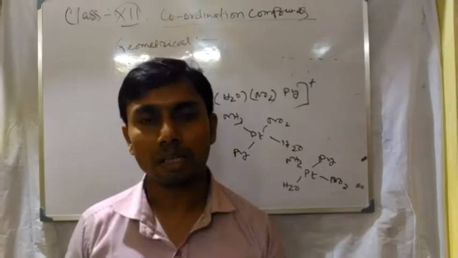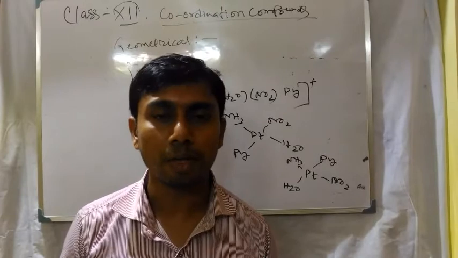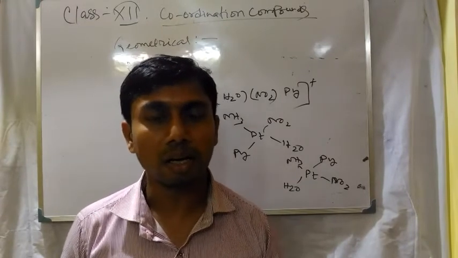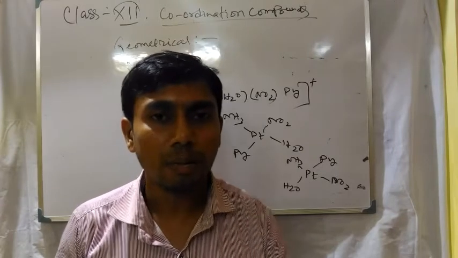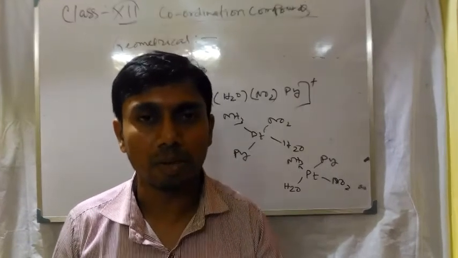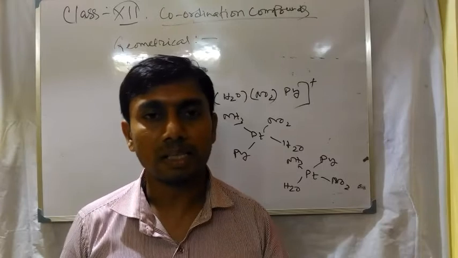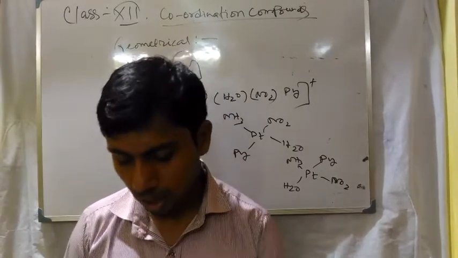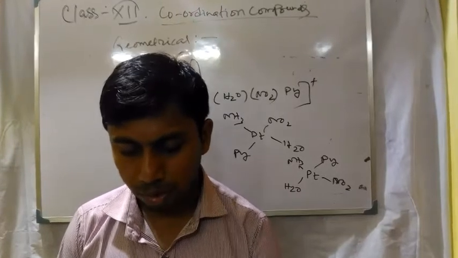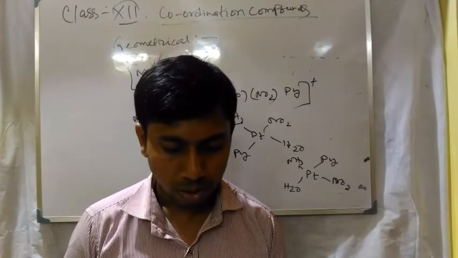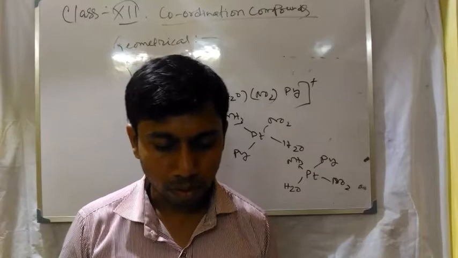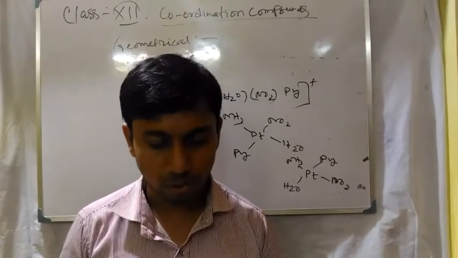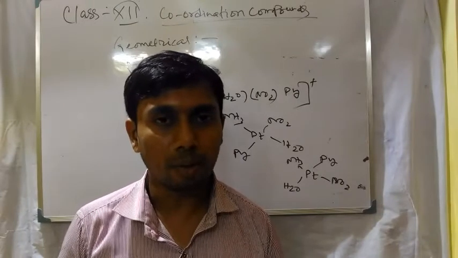In the first 3 cases there are 2 isomers, and in the fourth one 3 geometrical isomers will be possible. The examples are also discussed in this respect, right? Now this is all about the geometrical isomers for square planar complexes.